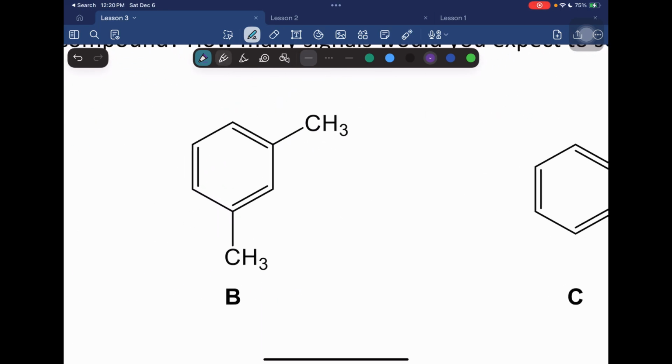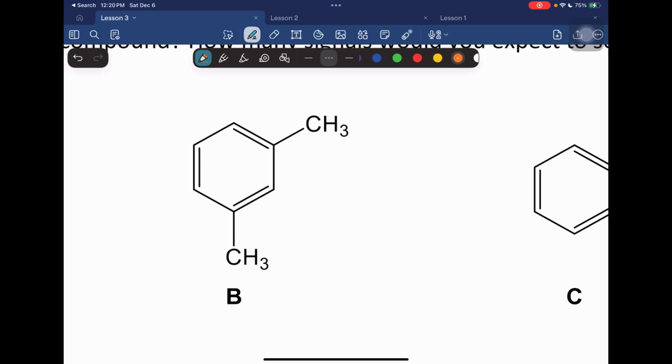Next is B. So what's the first thing you notice here? There is a mirror plane. You split this in half, right there. Is there another mirror plane? No. We can't do that, it wouldn't be equal. So there's only one mirror plane in this.